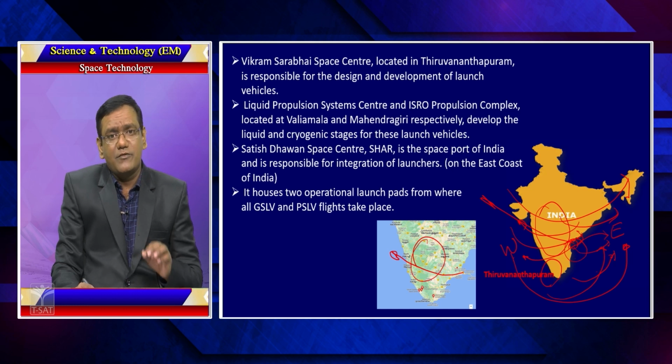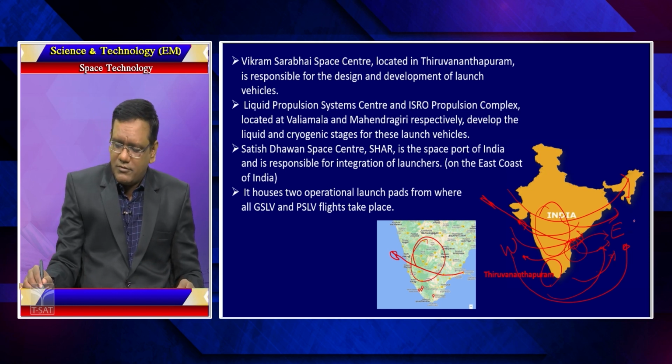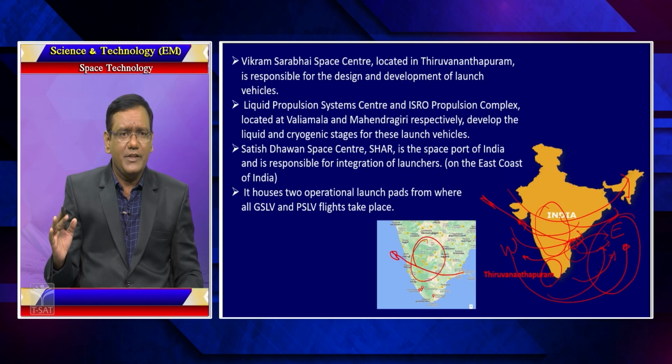This is not what we are expecting. We want these parts to fall on the ocean itself. So in order to do that, we always have satellite launch vehicles on the east coast.